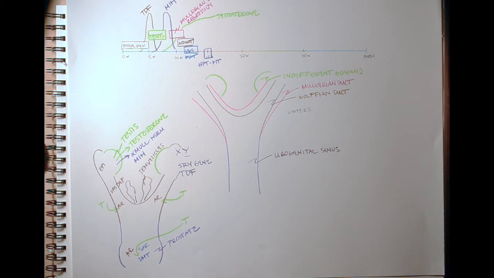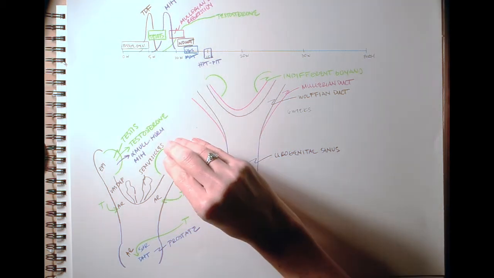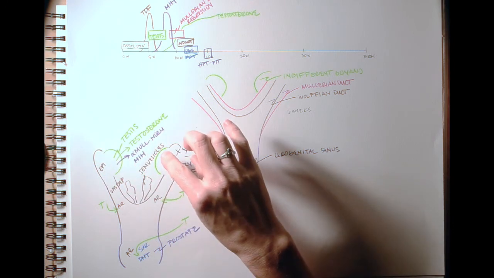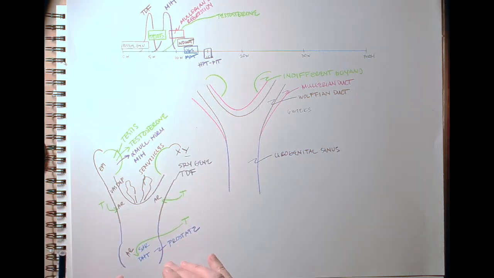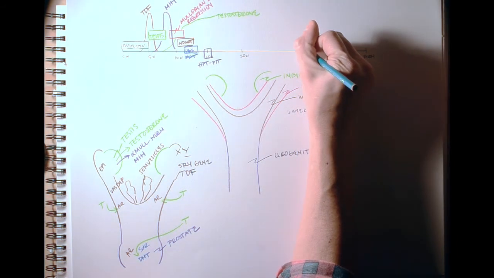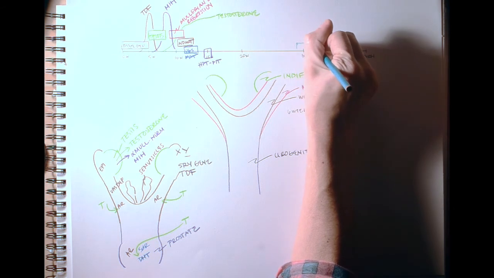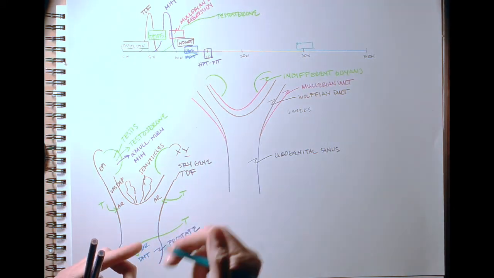The last thing that needs to happen is we basically take this reproductive tract, these testes will descend, so they move down towards the external male tissues and find their place inside the scrotal sac. This happens also under the control of testosterone, and it will happen right at about 30 weeks of fetal development.